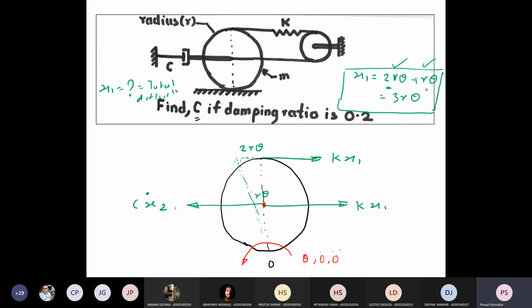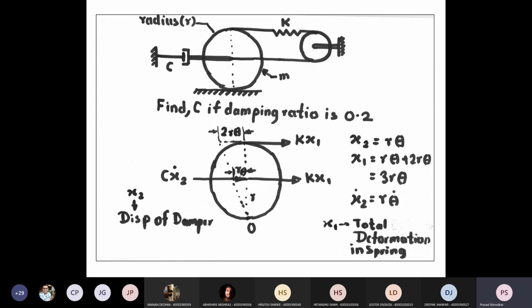So what will be x2? x2 will be r theta, x2 dot will be r theta dot. So these are all the forces. So this is the complete free body diagram.